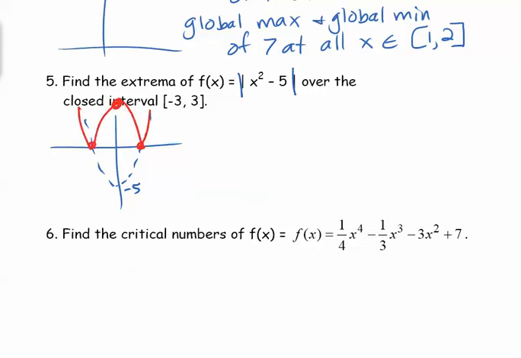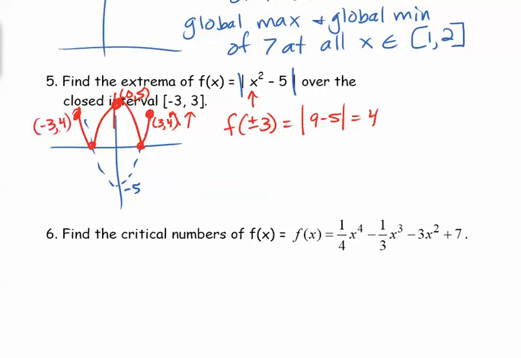So we've got our point here at (0, 5), and we have a closed interval here from -3 to 3. So this is an even function, so think about putting 3 in for x. So f of plus or minus 3 would give us the absolute value. So we know these endpoints are at (3, 4) and at (-3, 4).